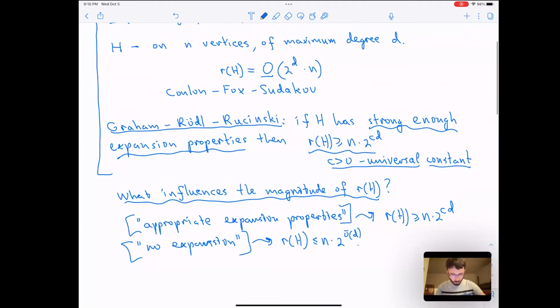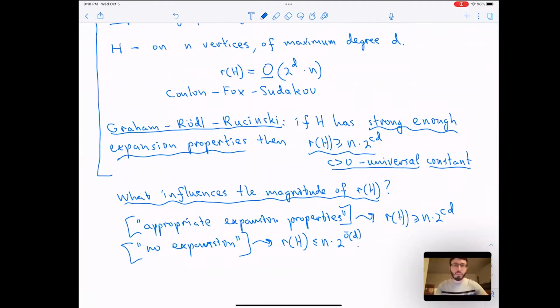So it seems to be quite interesting to understand what we can put in here as some specific description of the structure of a graph, rather than these vague terms.